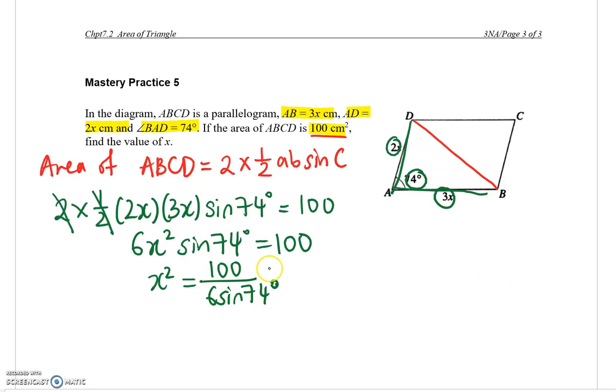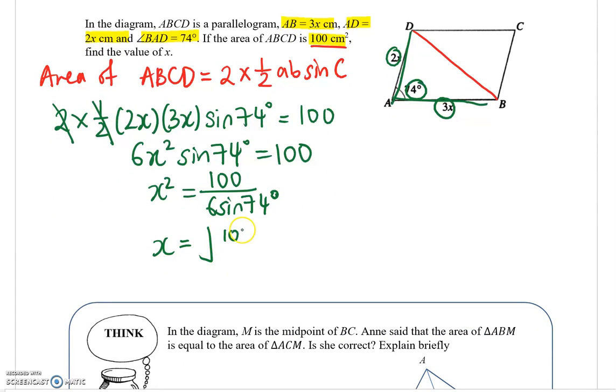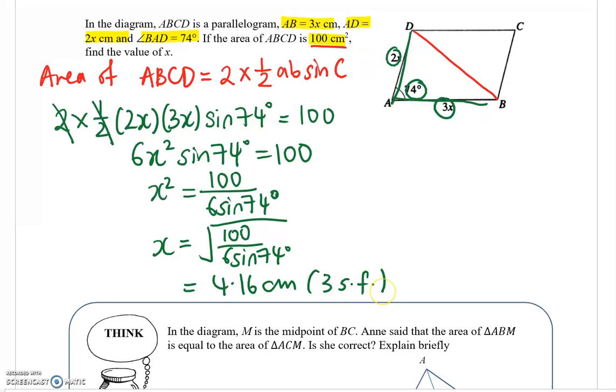And if you want to find x, well, we need to take the square root of this value here. Obviously, it has to be the positive value because we're looking for lengths. So the square root of this gives us 4.16 centimeters, rounded off to 3SF.